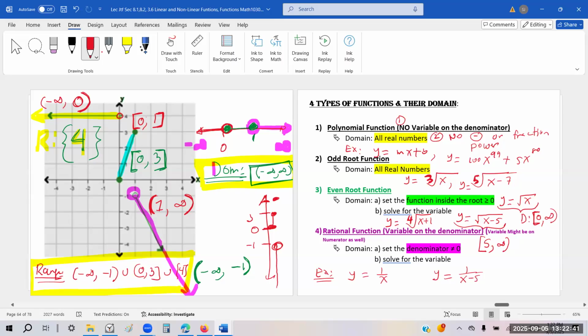So the domain for this one is from negative infinity to 0, because we cannot use 0, and then from 0 to positive infinity. It means on the number line, use everything else, just don't use 0. Anytime we cannot use something, we have to put parentheses for it. Looks like 1. It's not 1, it's 0. Sorry.